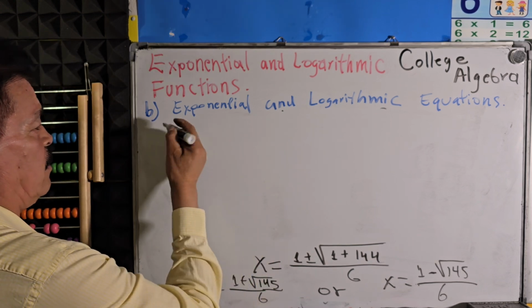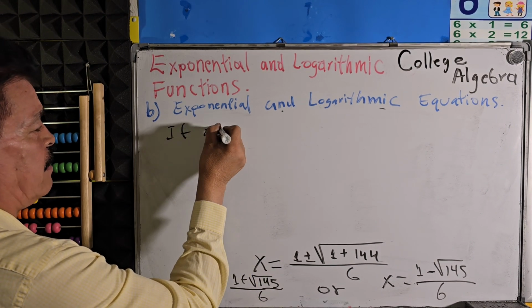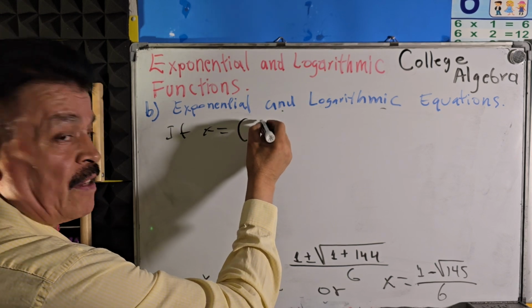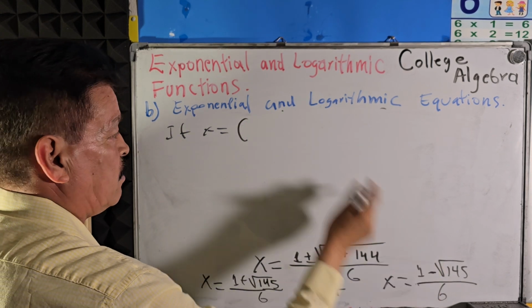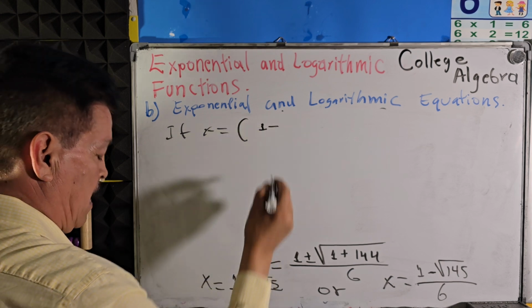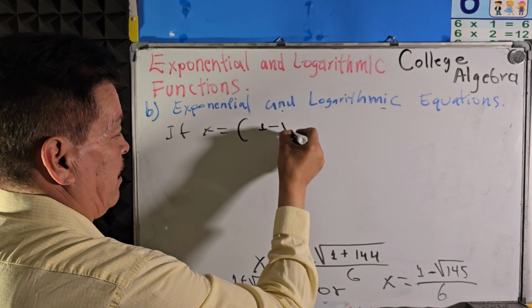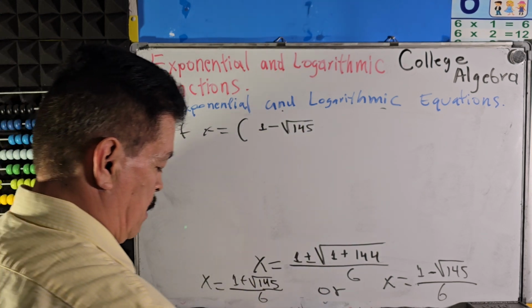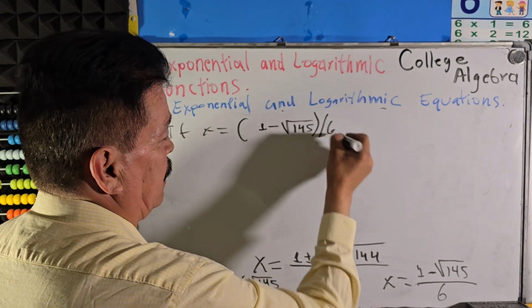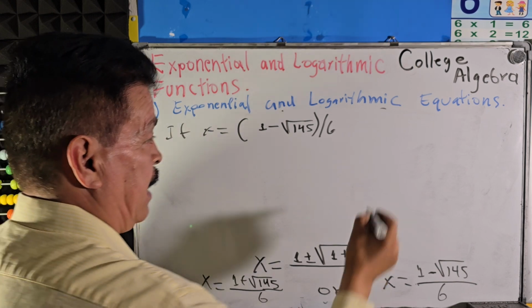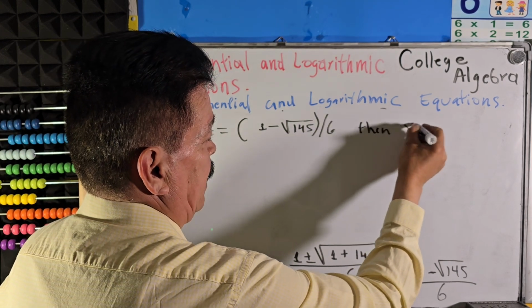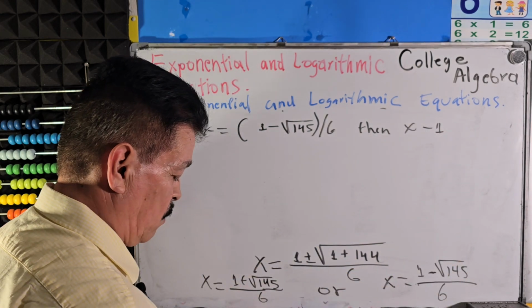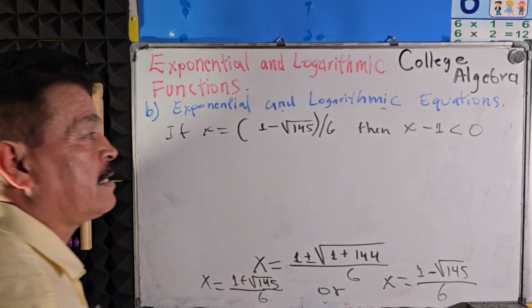If for instance x equals, in the first, this one, 1 minus the square root of 145, divided by 6, then x minus 1 is less than 0, right?